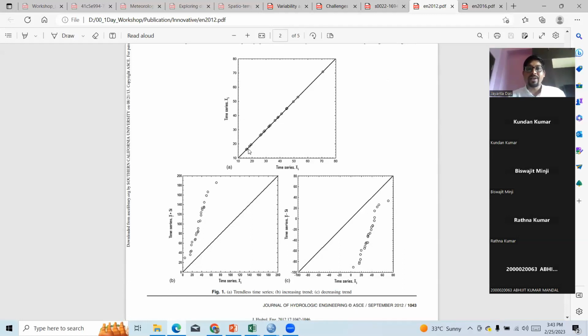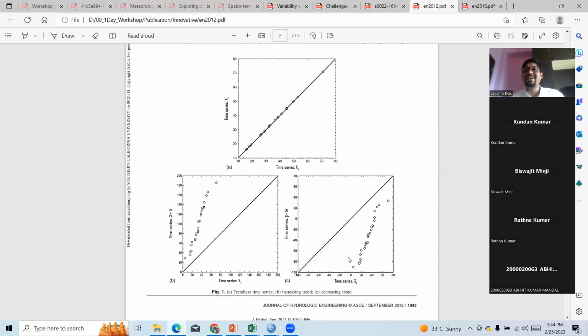If our data points fall on this line, then there is no trend. We can say this is trend-less time series data. If data points fall in the upper triangle, it's an increasing trend. If data points fall in this lower triangle, then it is a decreasing trend.